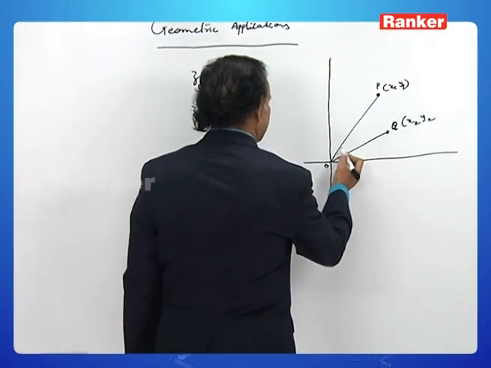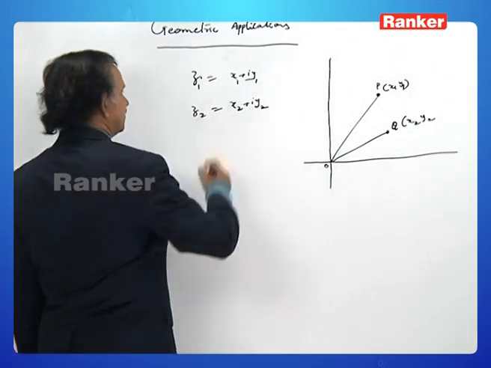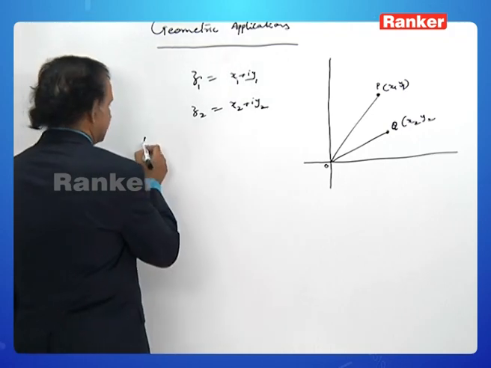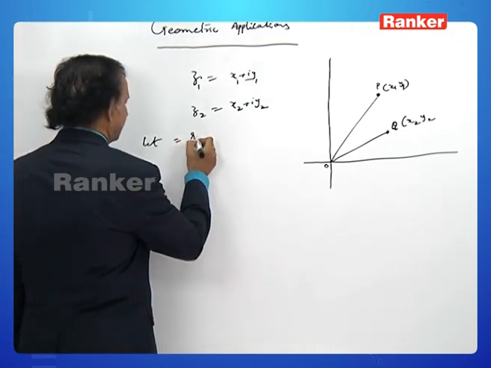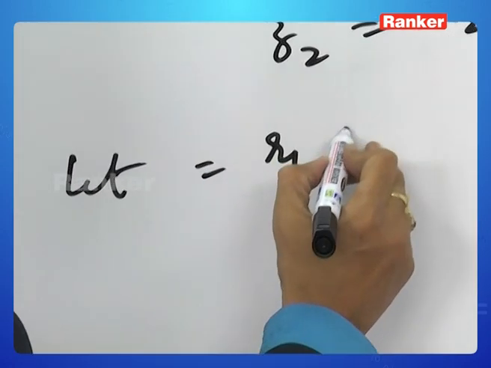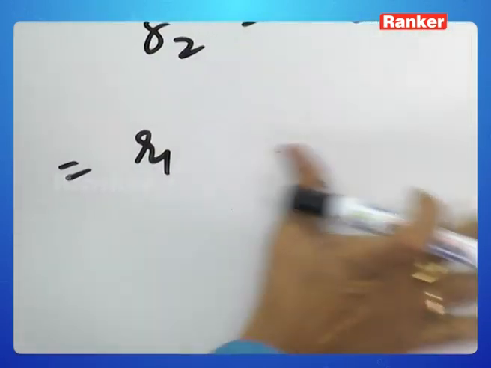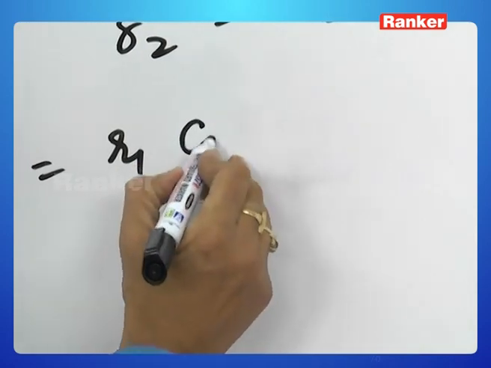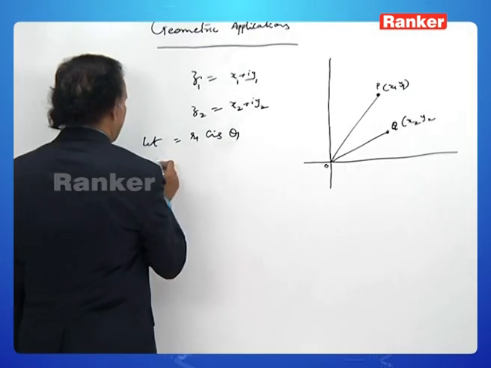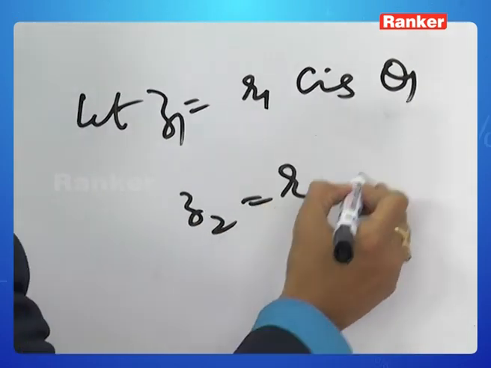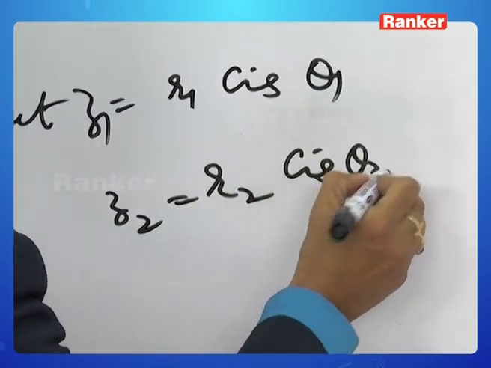Let me express z1 in mod amplitude form as r1 into cis theta 1, that is cos theta 1 plus i sin theta 1, and z2 is equal to r2 into cis theta 2.